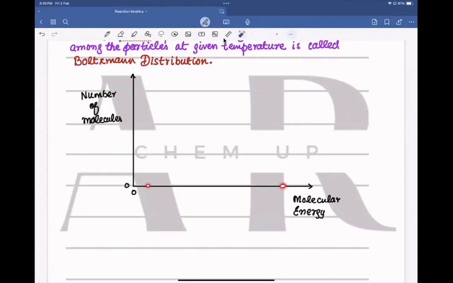And here the energy is lower, right? Yes, sir. Okay. What about this point? At this point, would the energy be higher or lower? Lower. Okay. So as we have discussed, the graph would be like this.